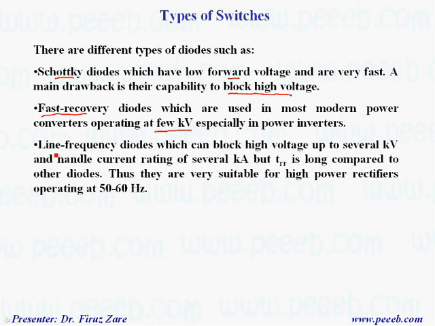The next type is line frequency diodes, which can block high voltage up to several kilovolts and handle current up to several kiloamps, but the reverse recovery time is long compared to other types of diodes. They are suitable power diodes for operating at 50-60 Hz, line frequency, especially in AC/DC rectifiers.